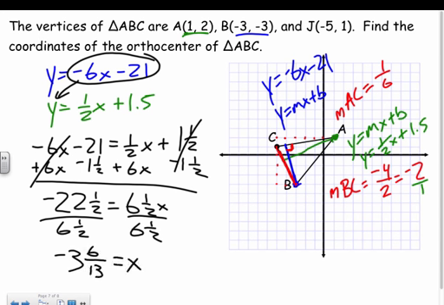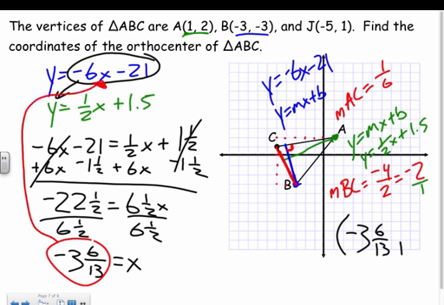So there's my x coordinate. So far I know I'm at negative 3 6/13. There's part of my orthocenter. And to get the other part, I've got to plug this back into one of my equations. So I'm going to plug this all the way in up top for x. So I got y equals negative 6 times negative 3 6/13 minus 21.